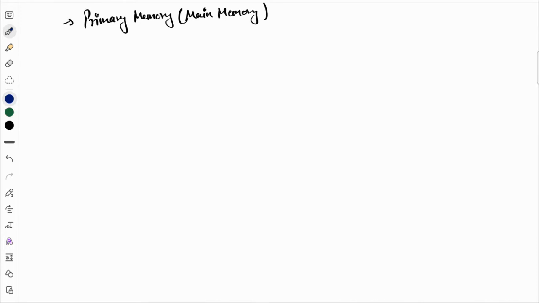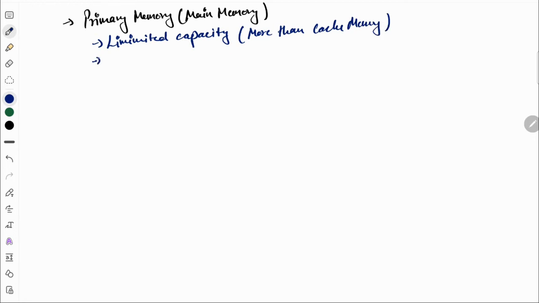It has a limited capacity, just like cache memory but more than cache memory, and data is lost when the PC is switched off. It means it's a volatile memory.